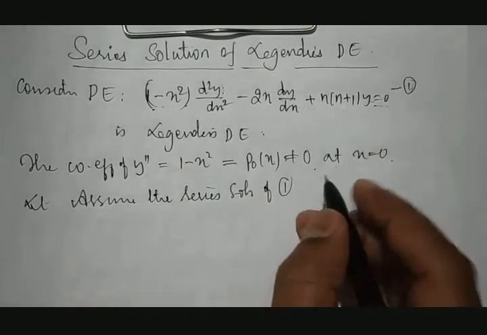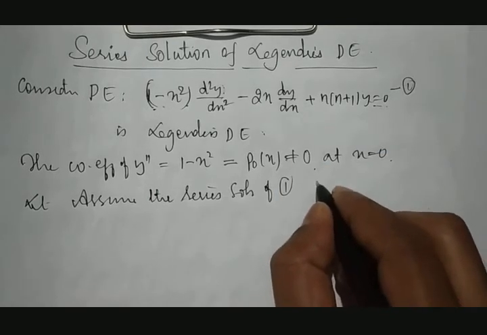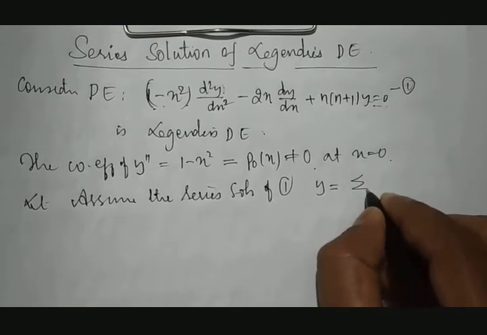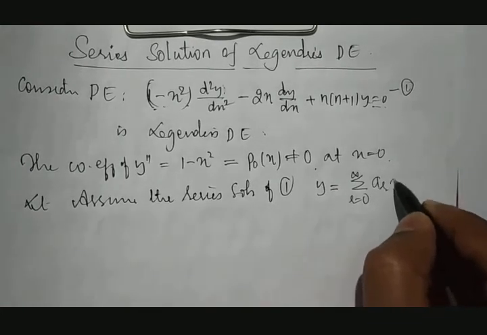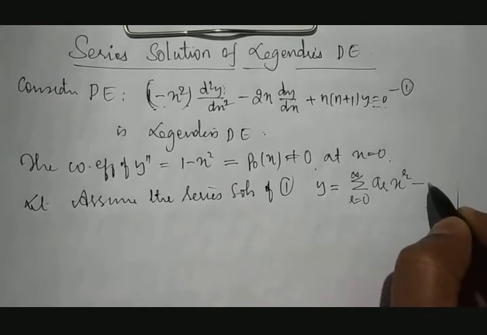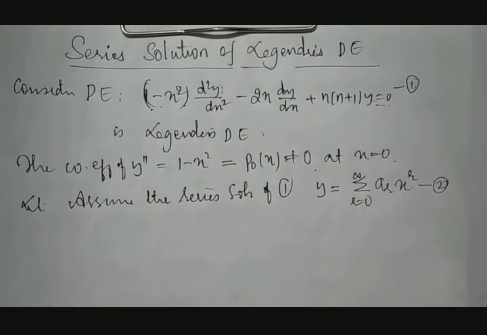The series solution will be taken as y equal to summation from r equal to 0 to infinity a_r x^r. We call it equation number 2.